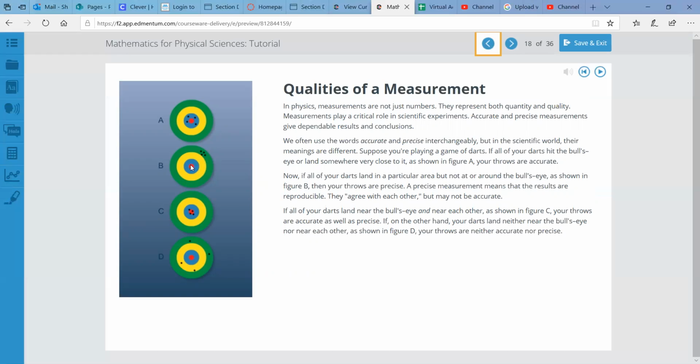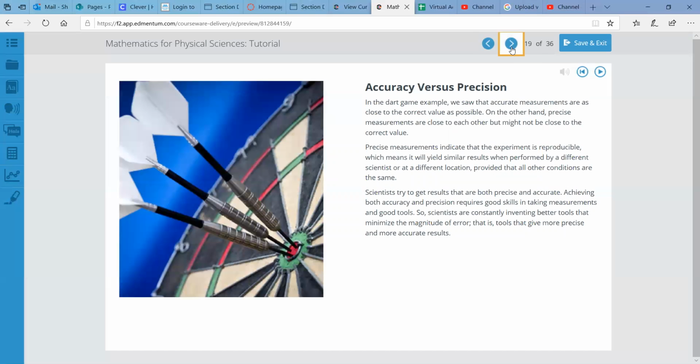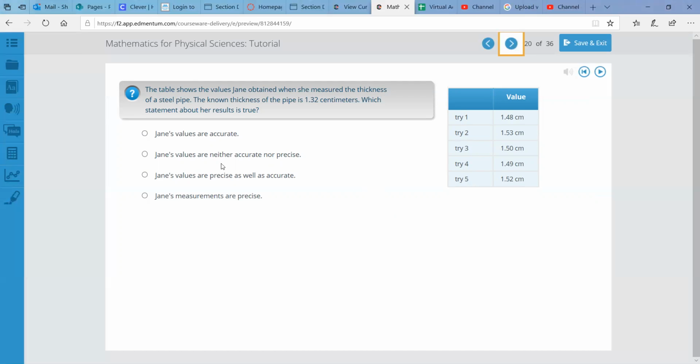Their target is 1.32, yet they keep getting like 1.48, 1.49, 1.52, and that's not close enough. So these are precise because they're pretty close together. However, they're not accurate. So they're just precise.